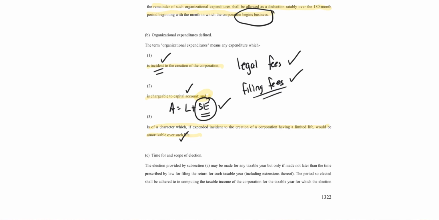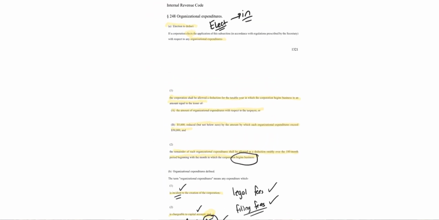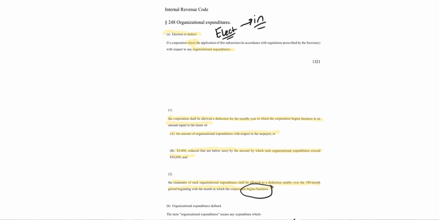You got to pay to have your articles of incorporation, organization, they have to be created. If you don't have that, you're not going to be able to have a corporation, and paying legal fees is needed for that. So therefore, Section 248 does apply to this transaction. Now, you go to Section 248(a)(1)(A), and you'd be able to take the entire $3,000, because it says you get up to $5,000.